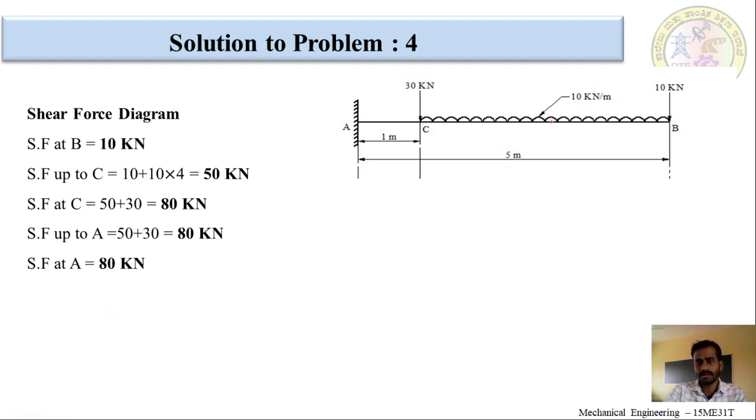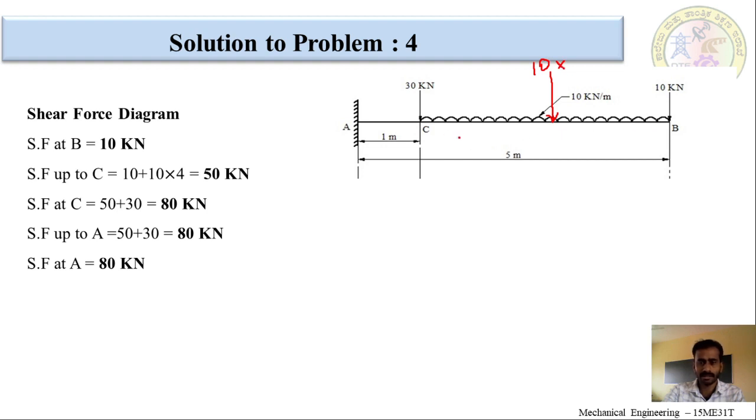So, I have to replace the UDL with a point load. The value is 10 kilonewton per meter, the UDL value, and you have to multiply the value of load by the length of the UDL.